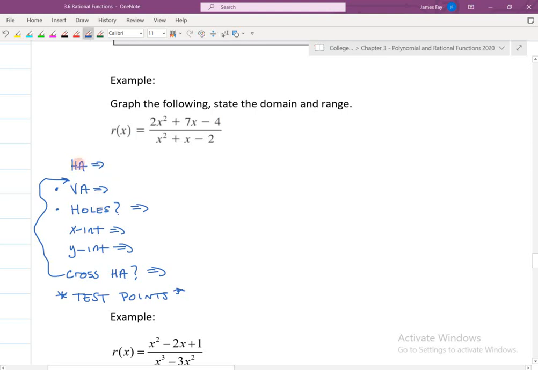First thing you have to do in order to generate any of this stuff is you have to completely factor these two things. When we completely factor these two things, the bottom is an easy one: x plus 2, x minus 1. The top one, so it's going to be negative 8, negative 1, and 8.